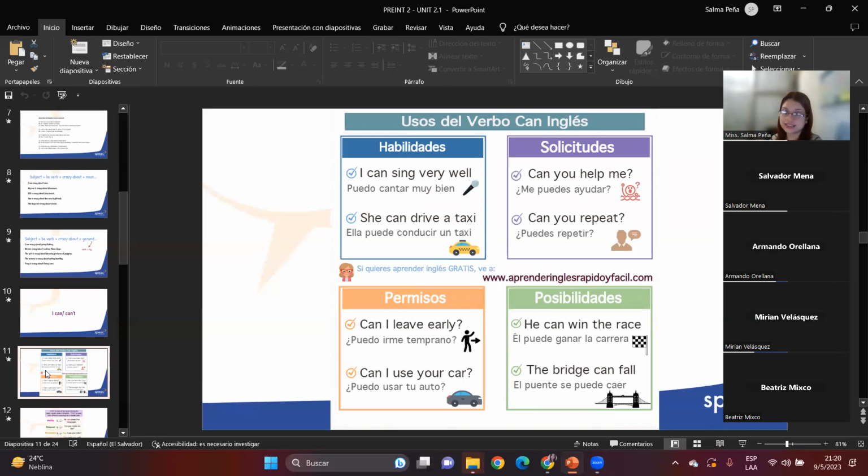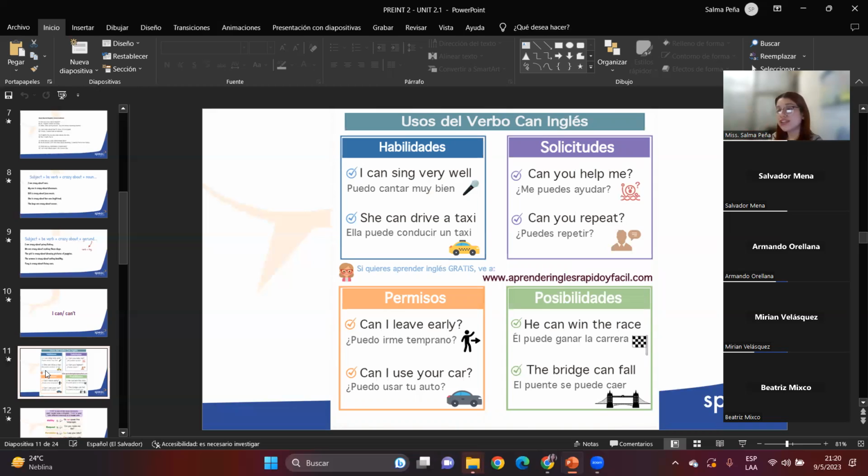That's why. Okay, basically can and can't can be used to talk about, most of the time, abilities. Something that you can do. For example, if you say, I can sing very well. He can drive a taxi. But they could be negative. I can't sing very well, or she can't drive a taxi. They could be both abilities.